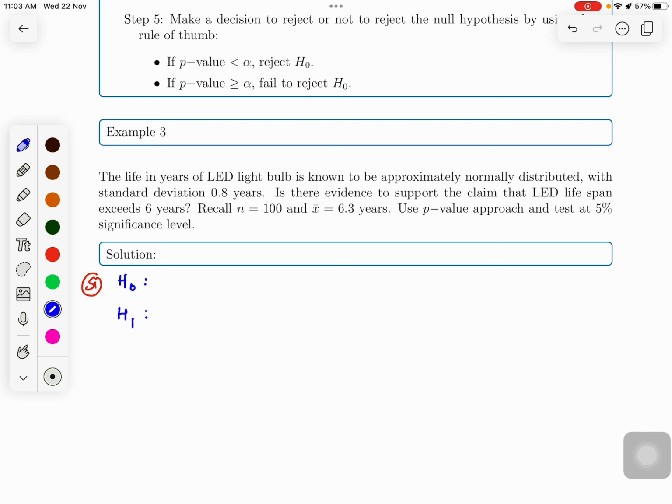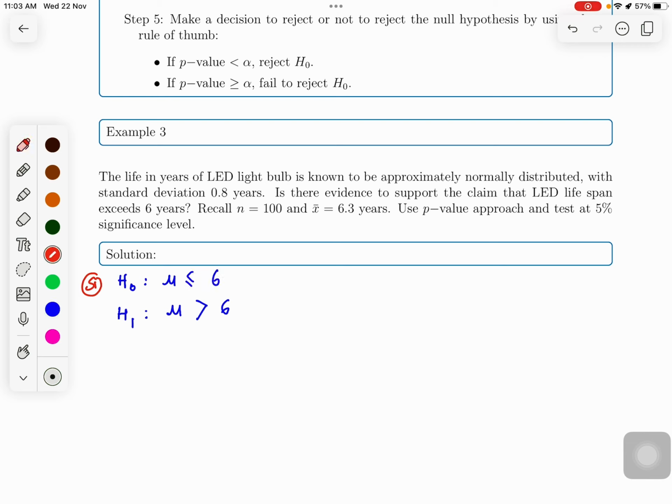So this one is good information for alternative hypothesis, which is mu exceed 6 years, mean more than 6. So H null is less than equal to 6 years.